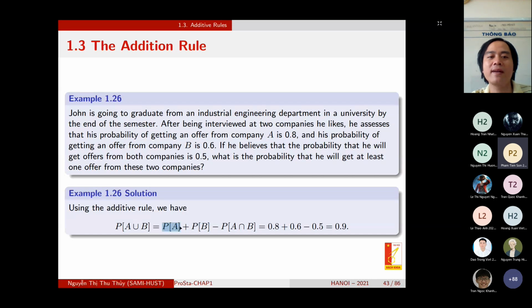We cannot compare PA and PB, but we know that PA is greater than PA and B and less than PA union B. I repeat, PA and PB, we cannot compare the two probabilities, but we say that PA and PB are greater than PA and B and less than PA plus B. Okay, that's the order that we can give.